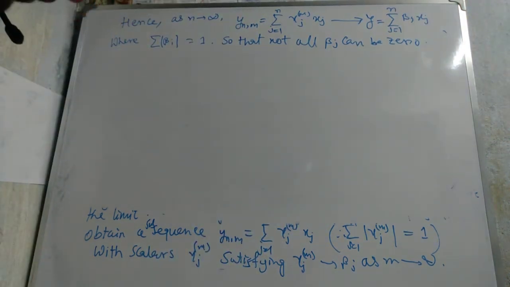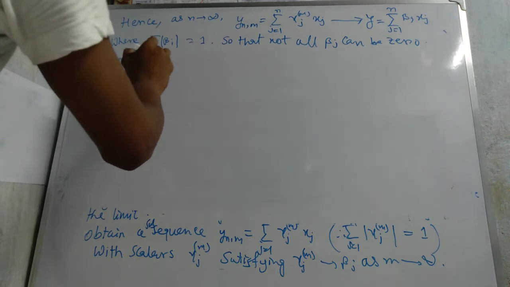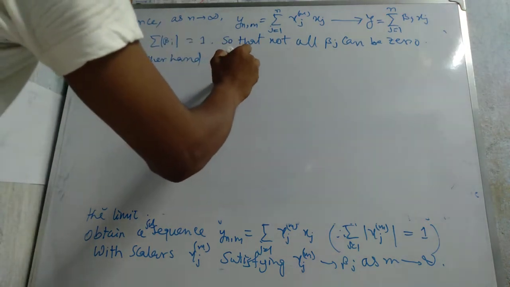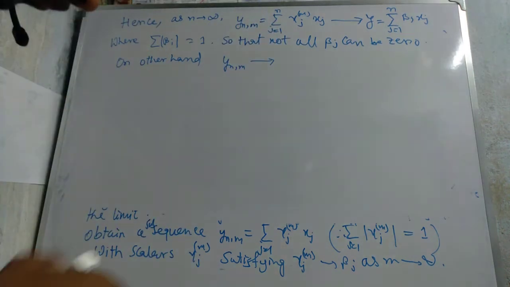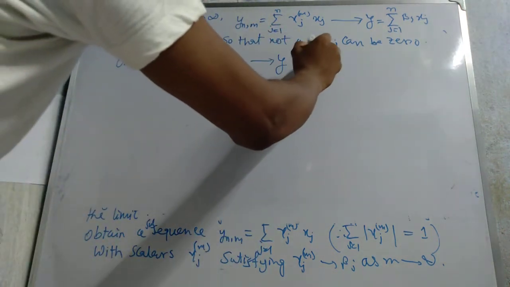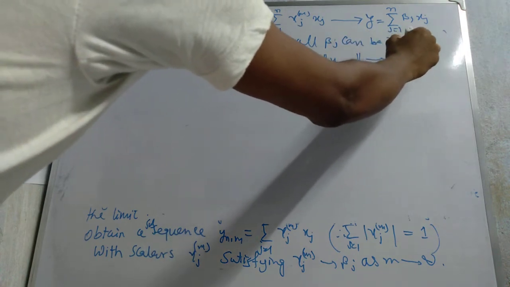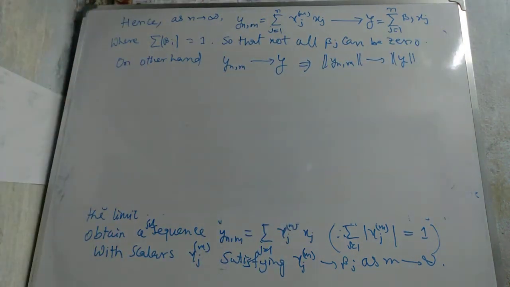On the other hand, ynm tends to y implies that the norm of ynm tends to the norm of y, by continuity of the norm.